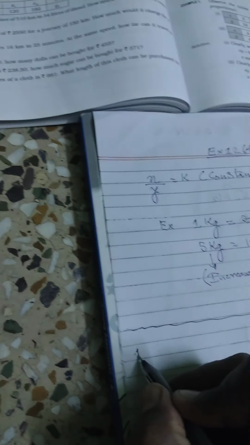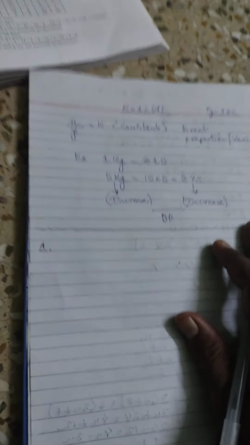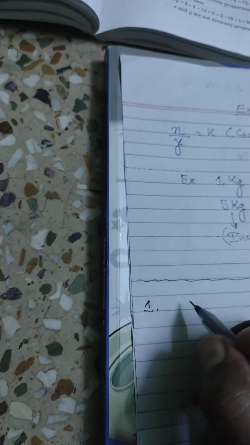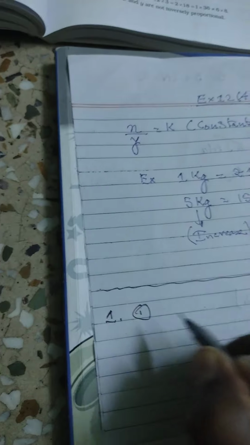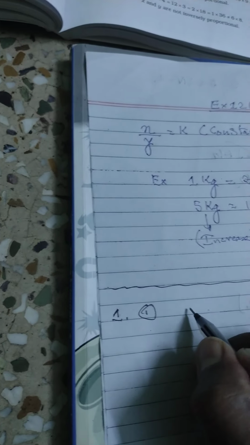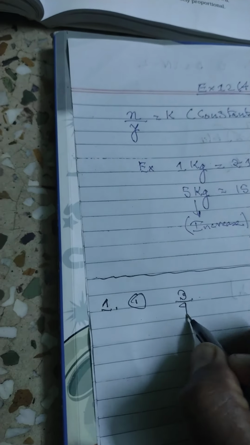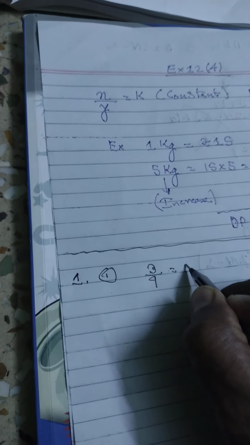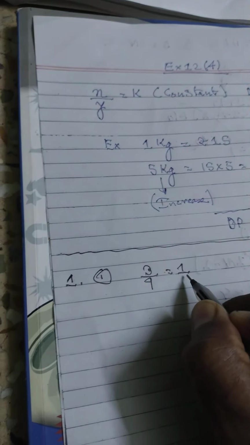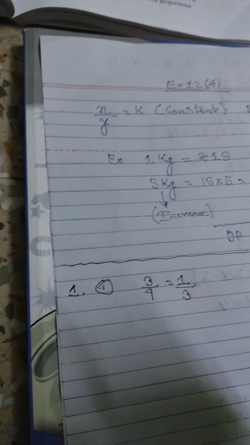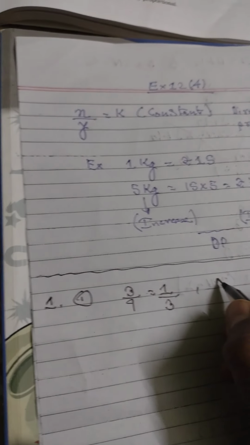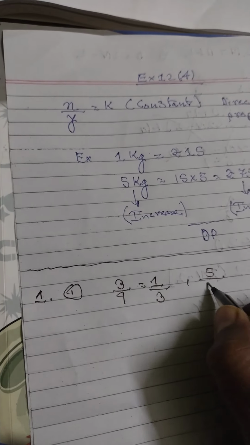Now see here, x by y, number 1, is 3 by 9. If you cancel it, it is coming 1 by 3. Then number 2 is 5 by 15.